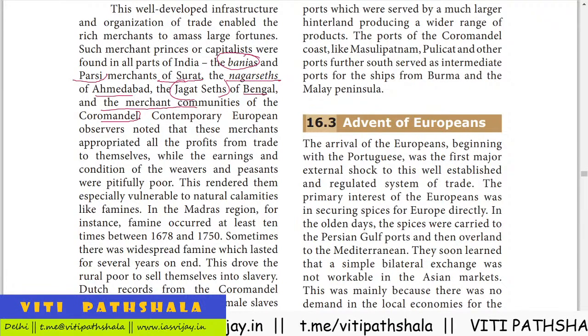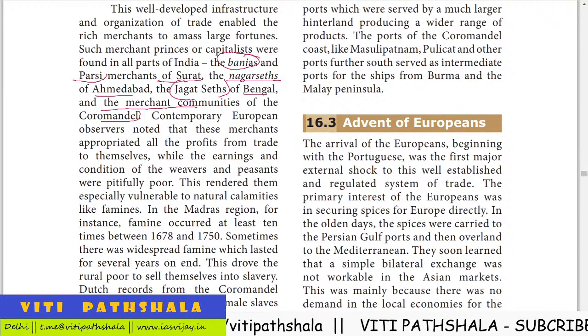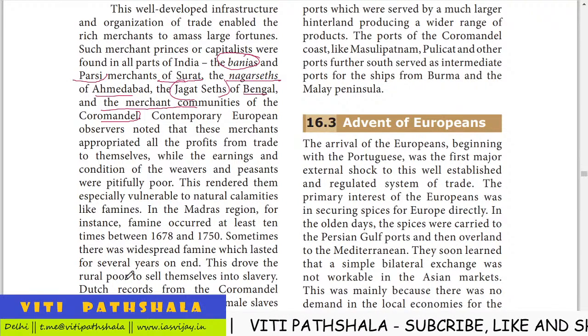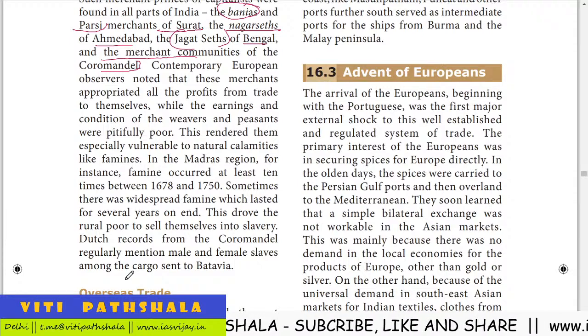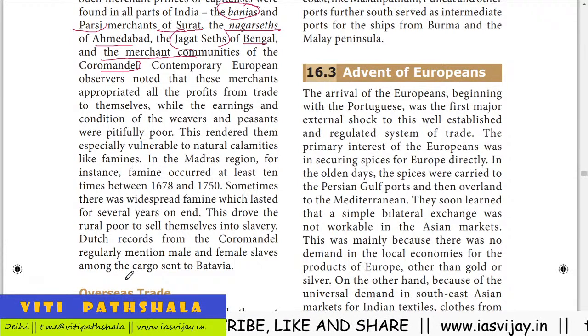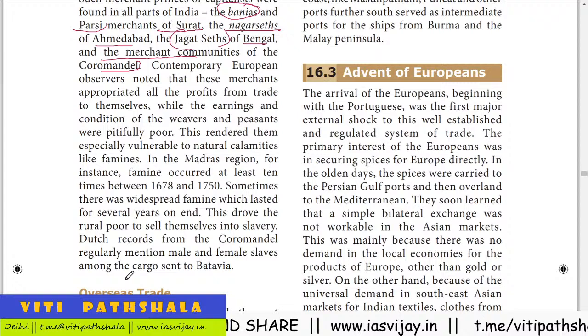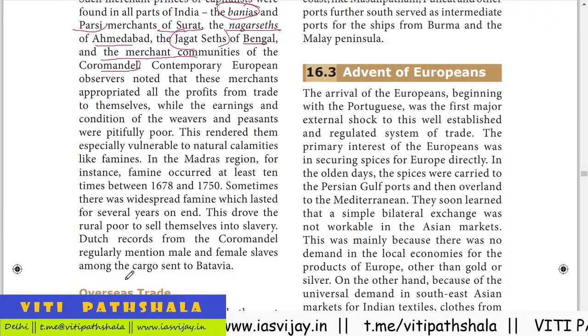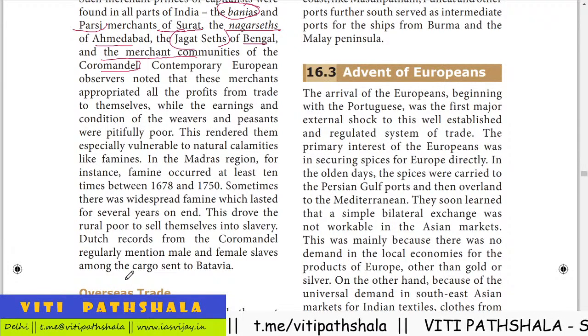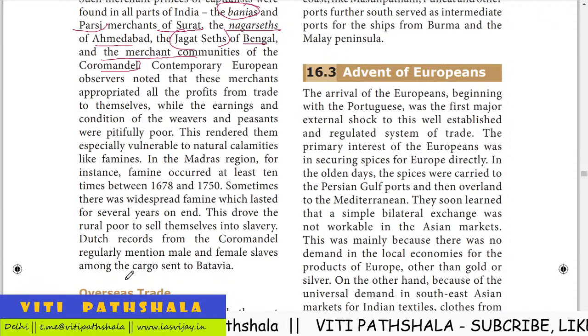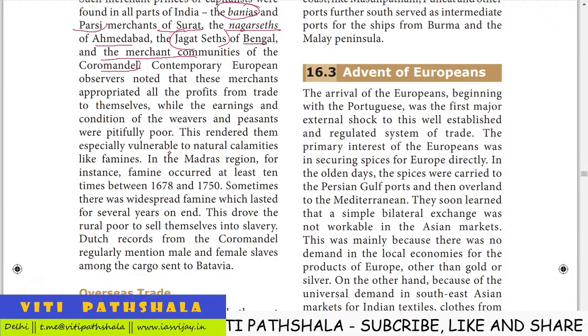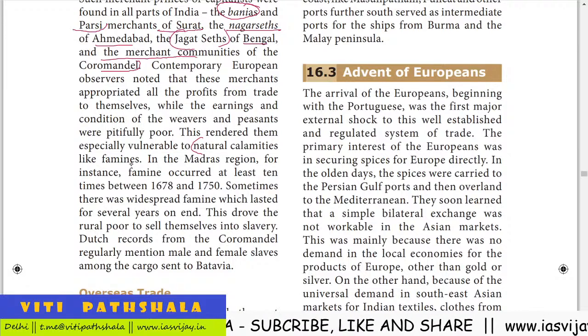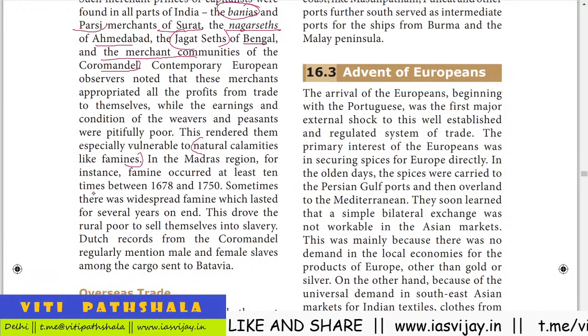The contemporary European observers noted that these merchants appropriated all the profit from the trade to themselves, while the earning and the condition of the weavers and the peasants were pitifully poor. This rendered them especially vulnerable to natural calamities like the famines.